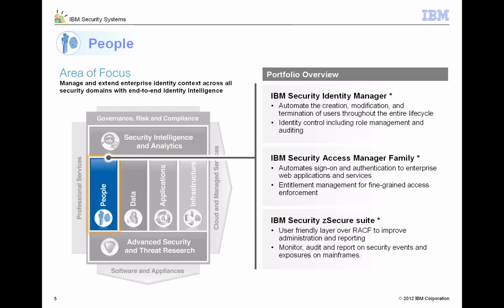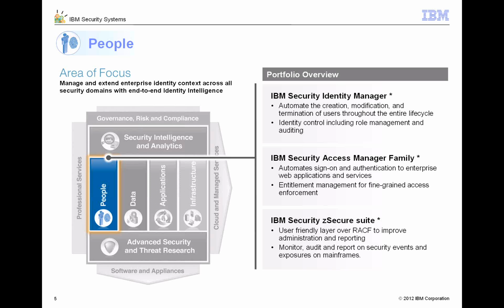IBM offers products which analyze the applications and find out the application vulnerabilities, so that the product teams can go back and fix the vulnerabilities. And the infrastructure security, right? So these are the four major pillars in the IBM security system.